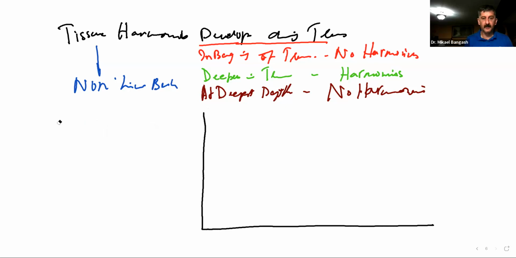We see a graph, and this graph displays the non-linear behavior, the development of tissue harmonics, along the x-axis, which is depth.